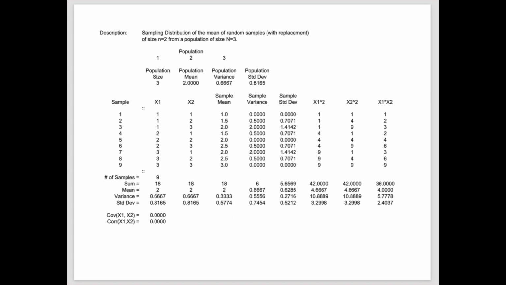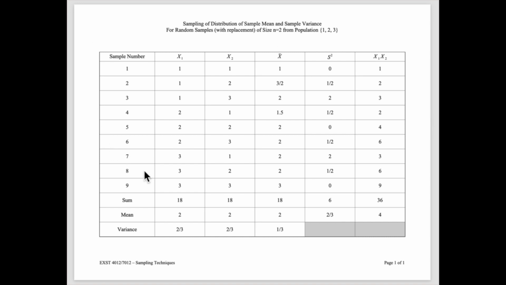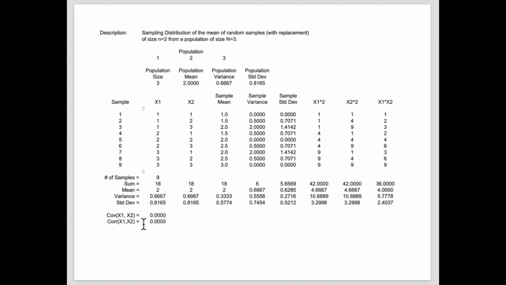And although I have posted a blank copy of this table so that you can begin to work this out by hand, my very, very strong recommendation is that you create a spreadsheet like this for this example.